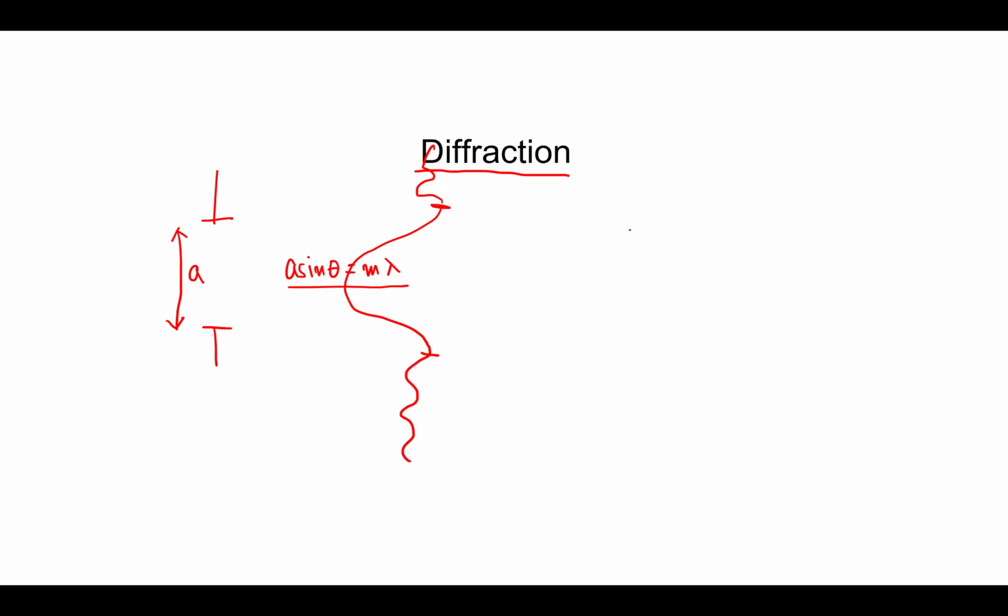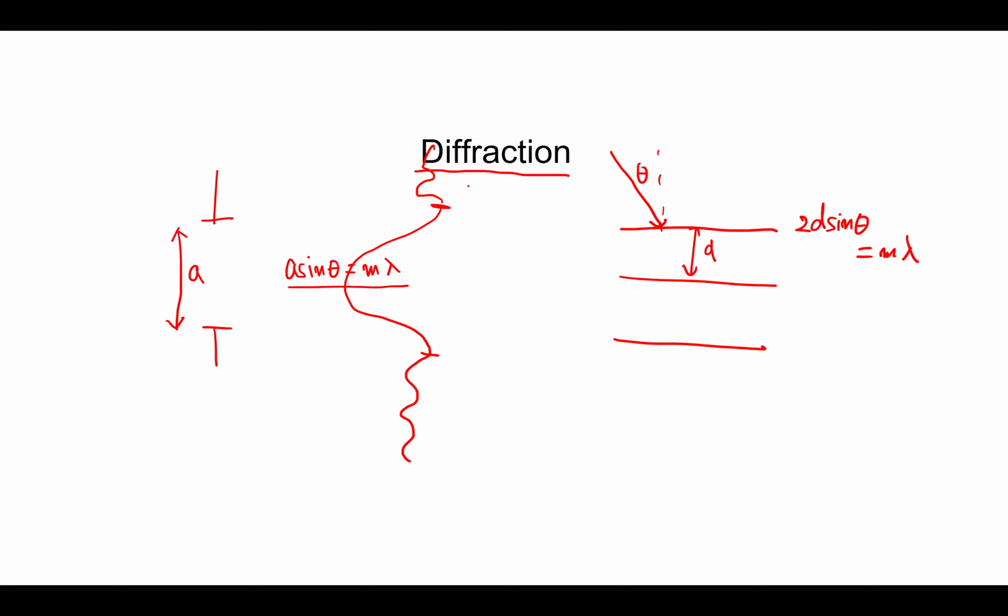And then there is X-ray diffraction. X-ray diffraction involves atomic planes with a distance d. If the X-ray is impinged at angle theta, then as a result of X-ray diffraction, 2d sin theta equal to m lambda gives the bright spot.